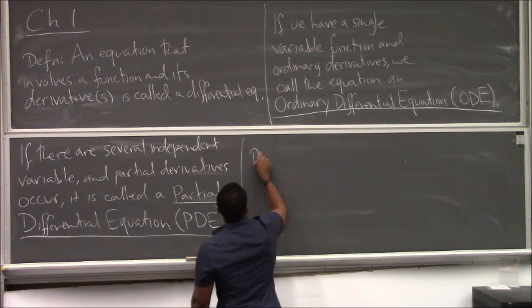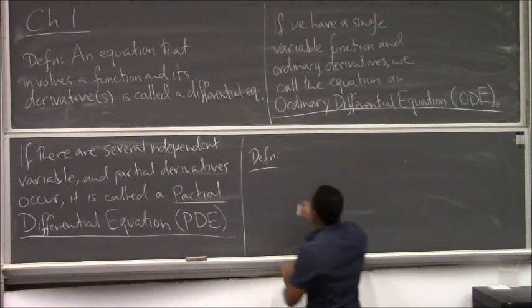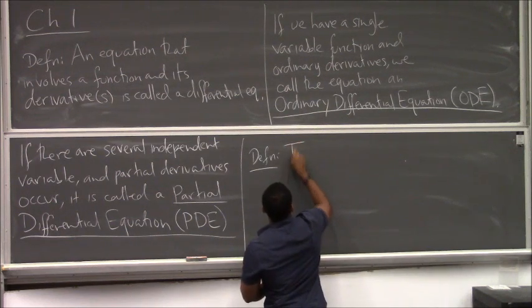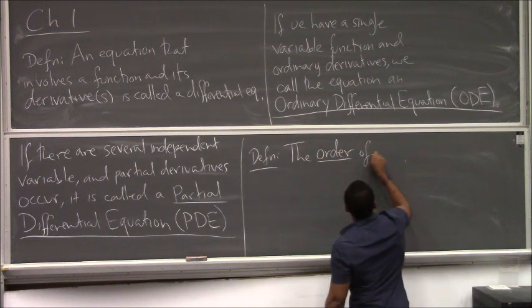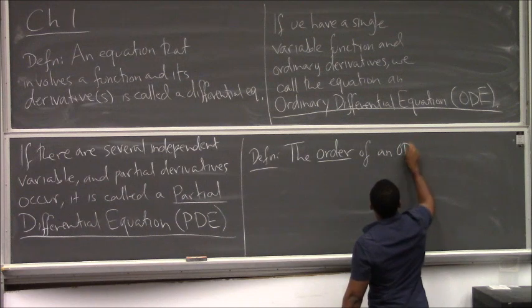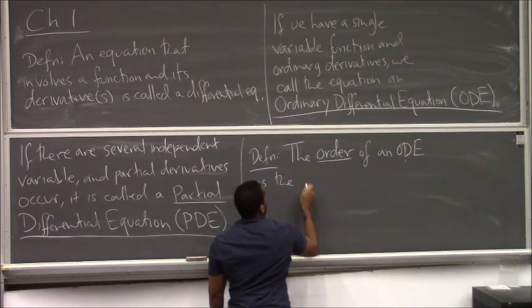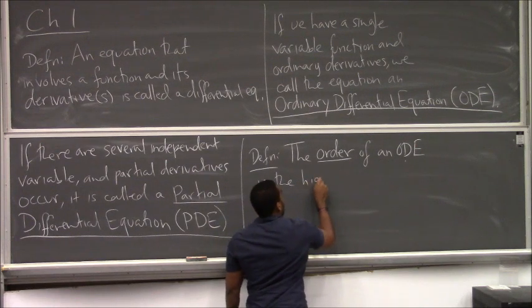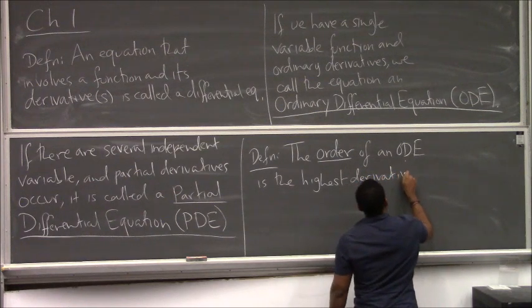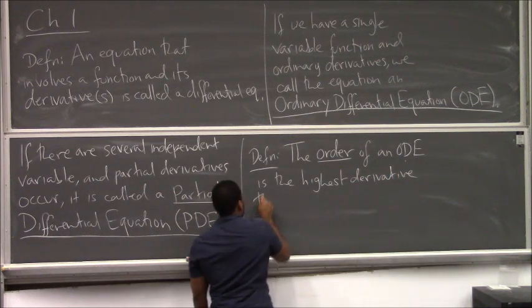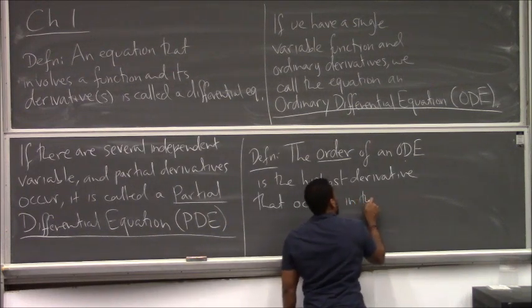Here's another definition. The order of a differential equation is the highest derivative that occurs in the equation.